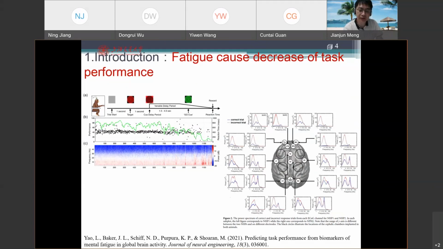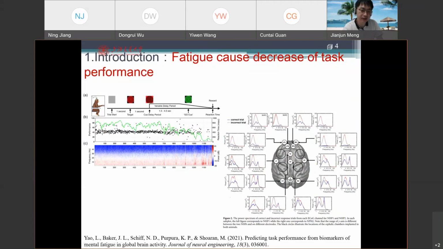Further analysis of all of the ECOG electrodes across the whole brain shows the power spectral for the correct trials presented as the blue lines here, and the power spectral for the incorrect trials represented as the red lines.